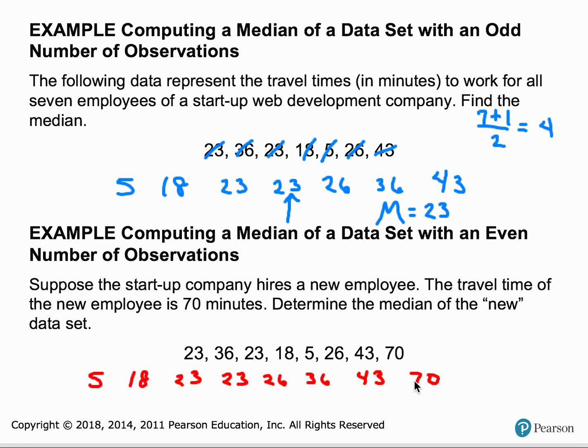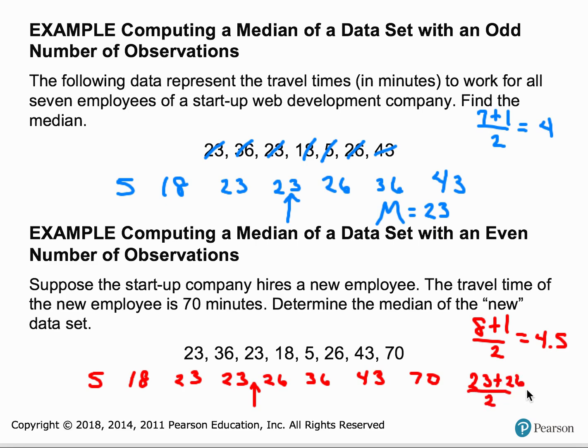I now have 1, 2, 3, 4, 5, 6, 7, 8 values. So 9 divided by 2 is 4.5. That means 1, 2, 3, 4.5. My median is halfway in between 23 and 26. So I have to go over to the side and calculate that mean.